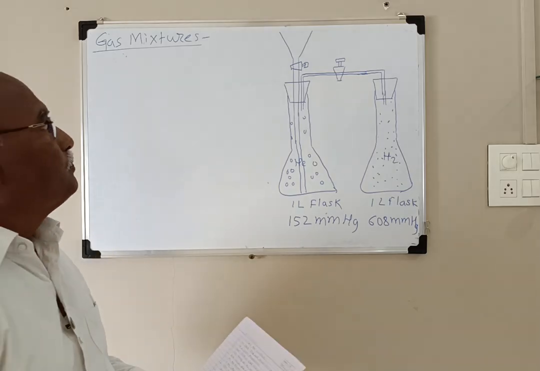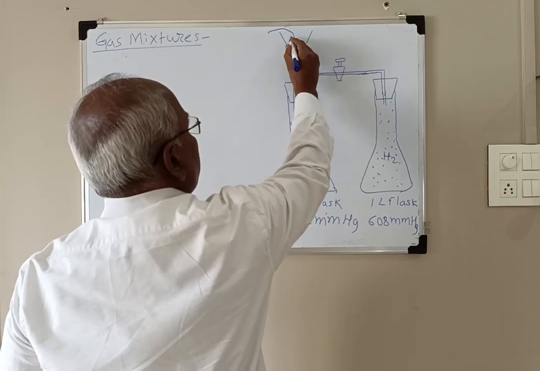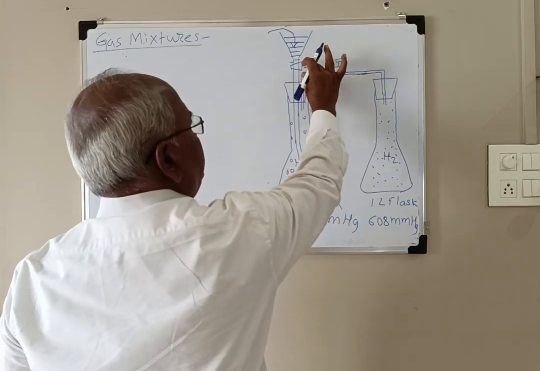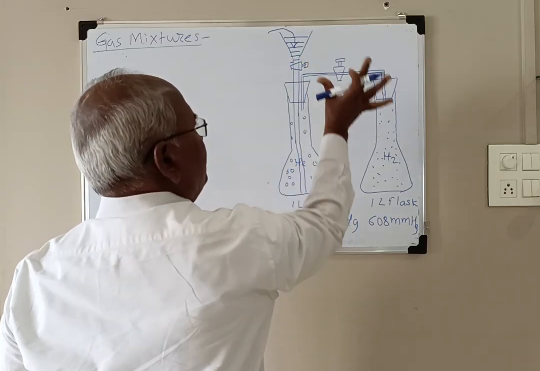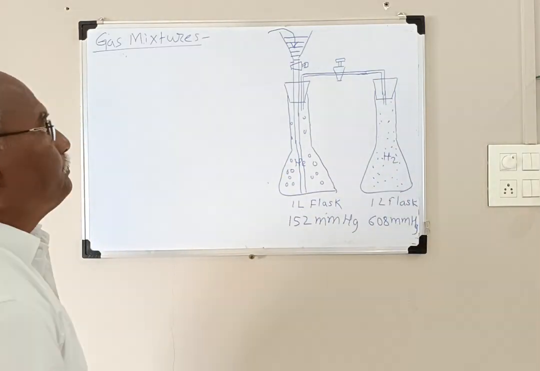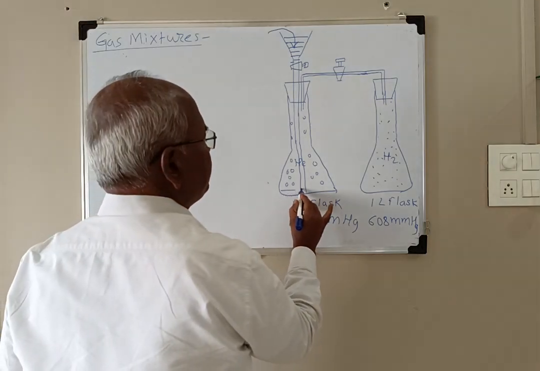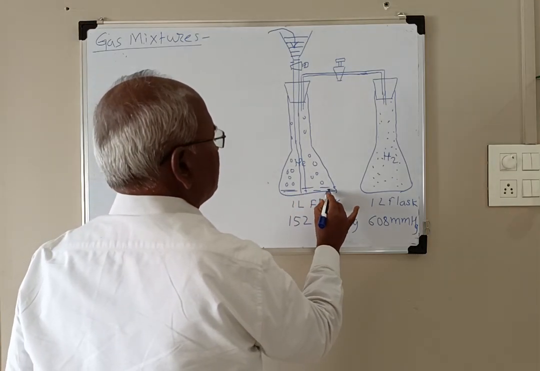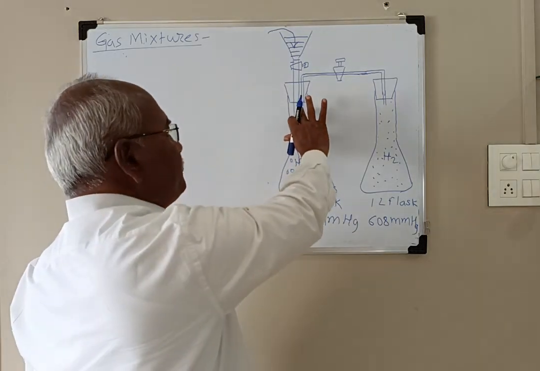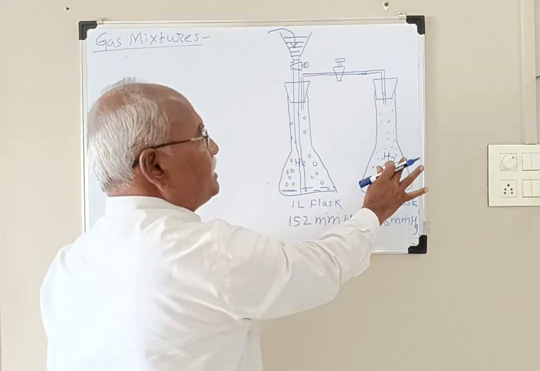Now you see, mineral oil is poured from this funnel, and this cork is opened. Similarly, this cork is opened. The oil enters this flask, and helium through this glass tube enters the second flask.